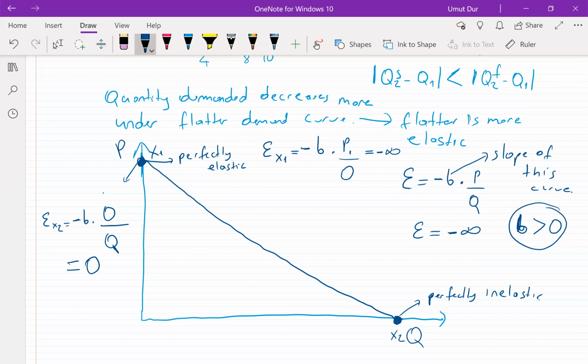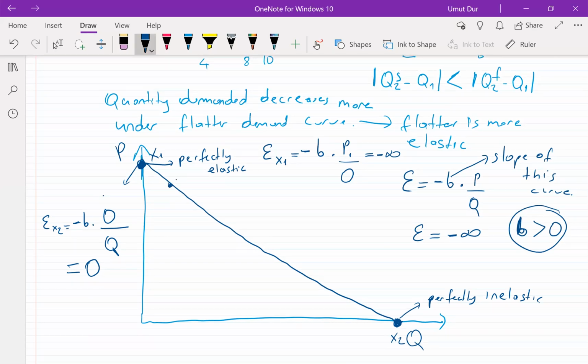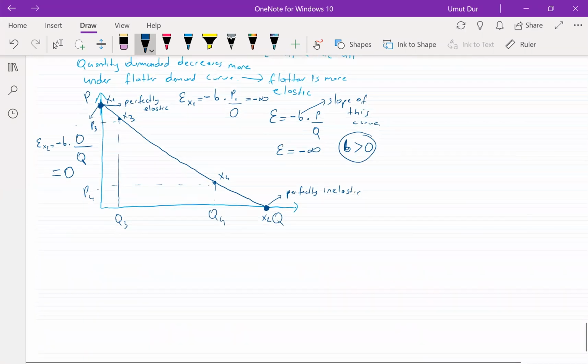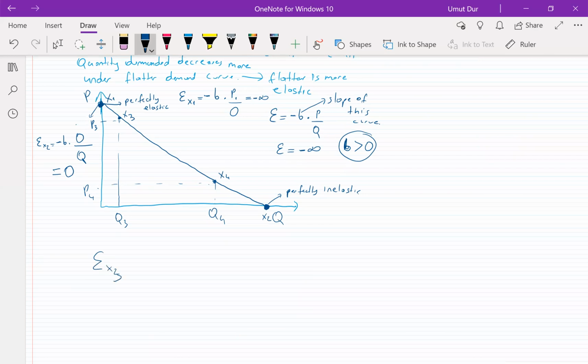For any point here, let's say this is x3 and this is x4, with q3 and p3, and p4 and q4, the elasticity at point x3 is minus b times p3 over q3, and elasticity at point x4 is minus b times p4 over q4.